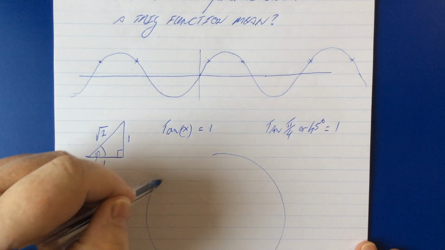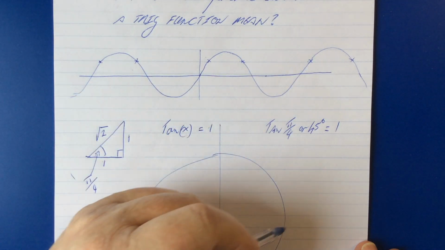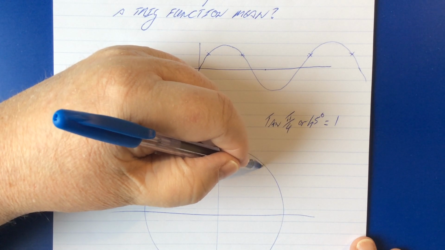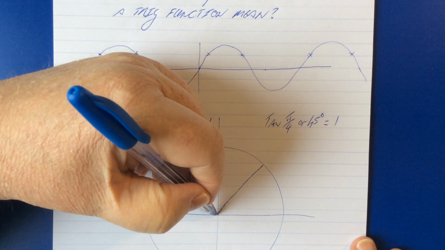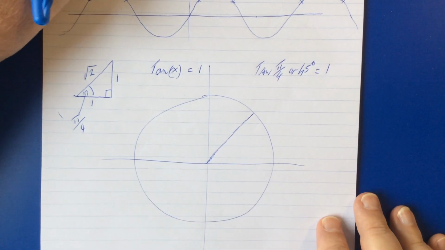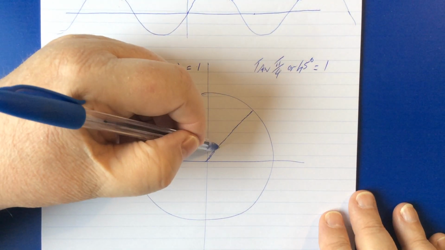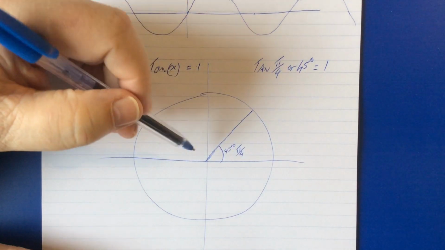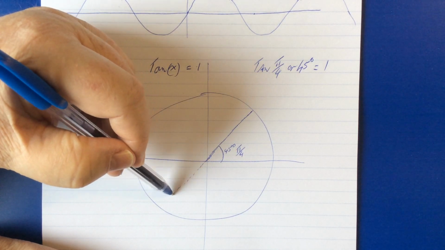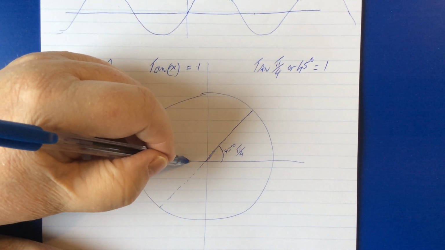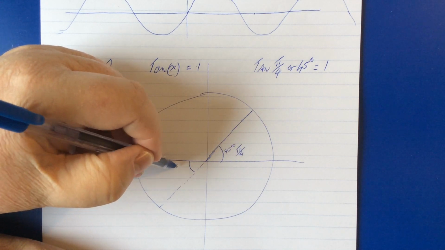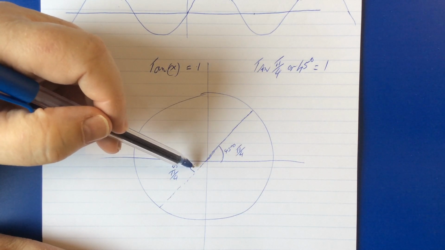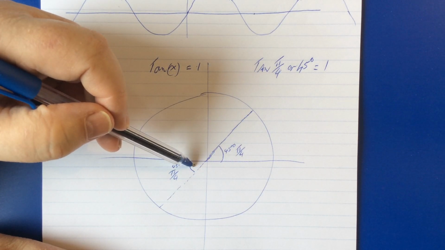But if we were to have an unrestricted domain, say for the asymptotes on a tangent graph, what we would discover is that if we drew in our values, and we'll use the unit circle to do this on because it's more efficient, we have this angle here of 45 degrees, pi on 4, and down here we have a corresponding angle from the x-axis of 45 degrees, pi on 4, and the tangent of this angle is also 1.